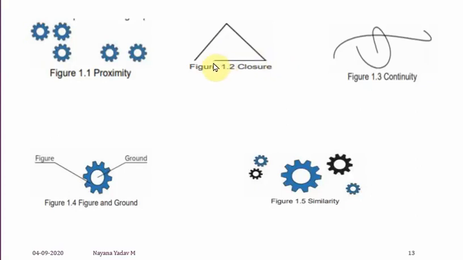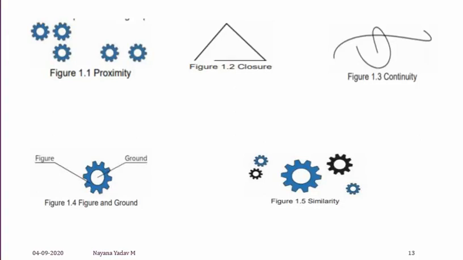Even though it is half filled, the user, or the human mind, perceives it as a triangle, right? So this is what we are telling for closure. Even though a small part of the figure is missing, the human mind will perceive it as a full complete diagram. In this case we'll treat this as a triangle. So this is what was done in the previous session.